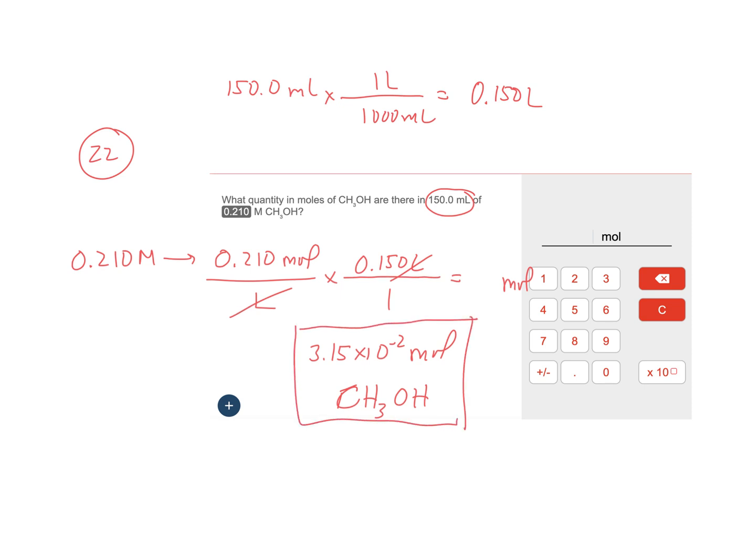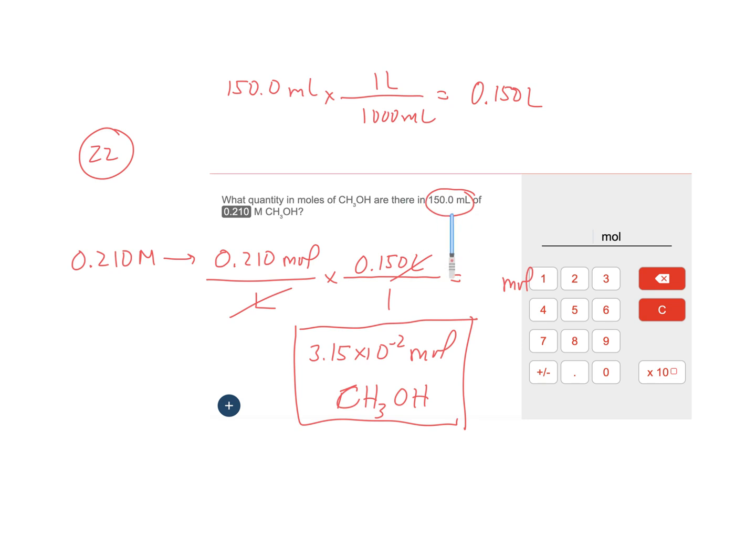So sometimes these questions can be tricky when you just look at the units. And so with molarity, sometimes it's easier to break it up into what molarity represents. It represents moles per liter. And at the end of the calculation, I just want to know how many moles this represents. So I need to get rid of liters.